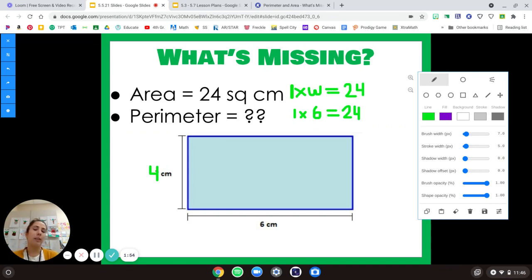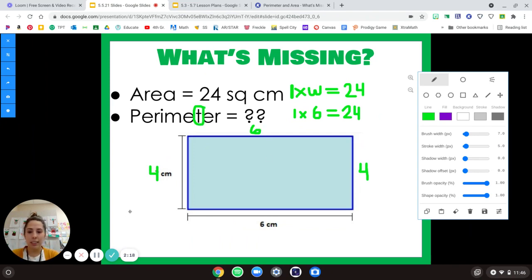Now, can we use that to help us find our perimeter? Now we can. So we know the other side over here is 4 centimeters also, and it's 6 centimeters up top. How do we find perimeter again? Sure, we gotta add everything up. Remember that the T tells us it kind of has that plus sign look, so we gotta add them all up.